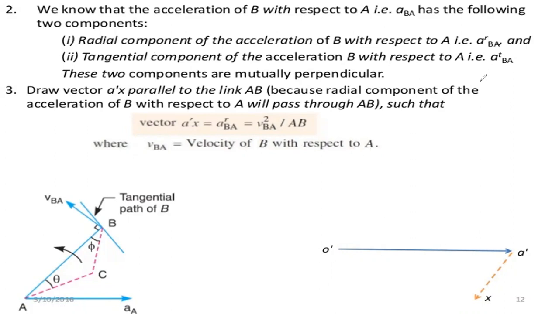Next, we know that the acceleration of B with respect to A, that is aBA, has the following two components, as we have discussed in the earlier point also. First one is the radial component and second one is the tangential component.